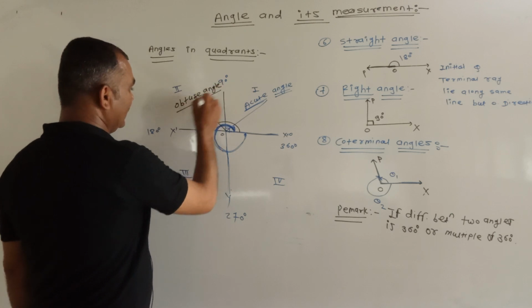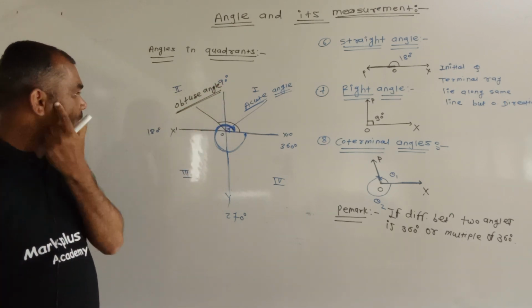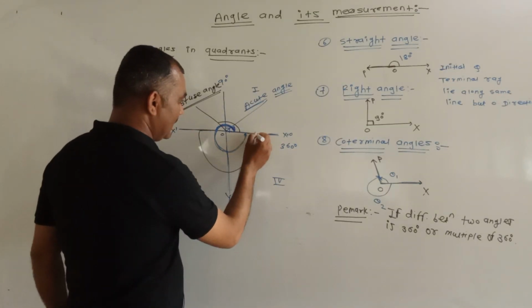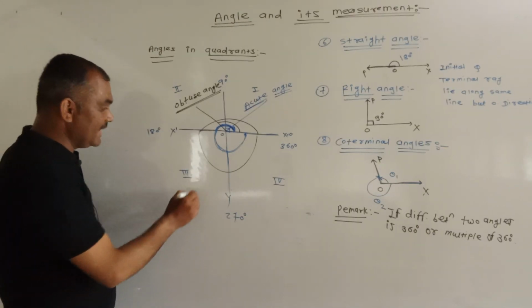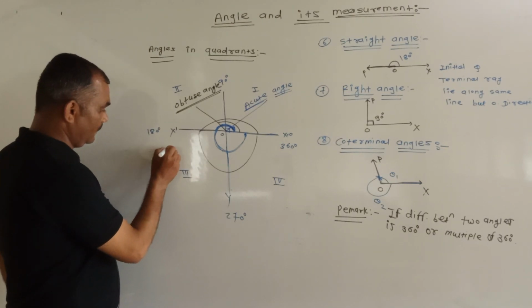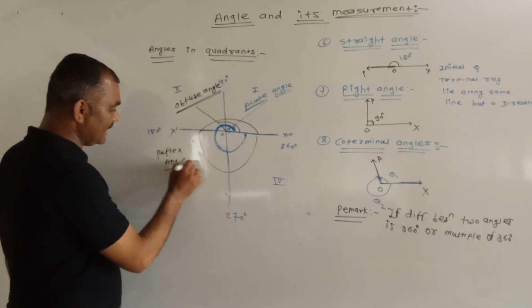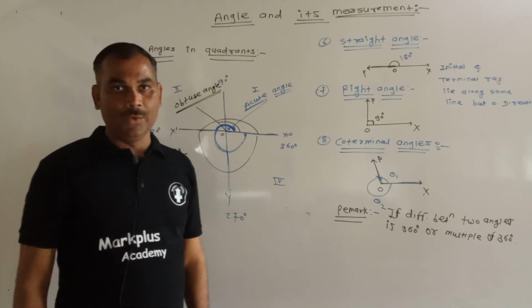So obtuse angle totally belongs to second quadrant. Then angle between third and fourth quadrant, these angles are called as reflex angle. So reflex angle goes to the quadrant number third and quadrant number fourth.